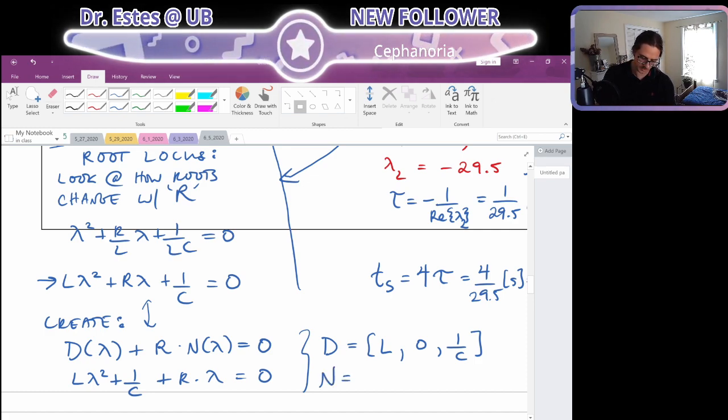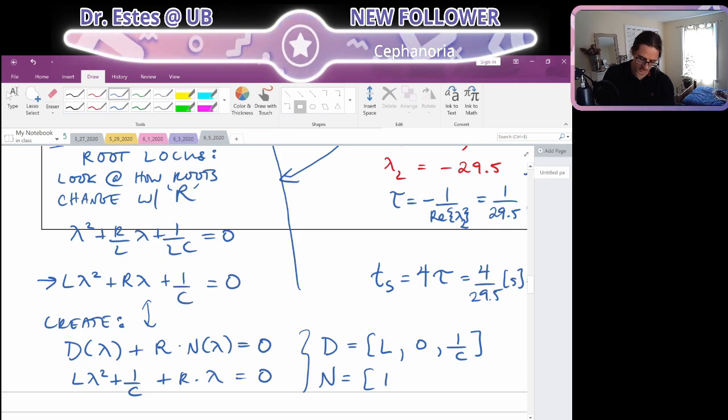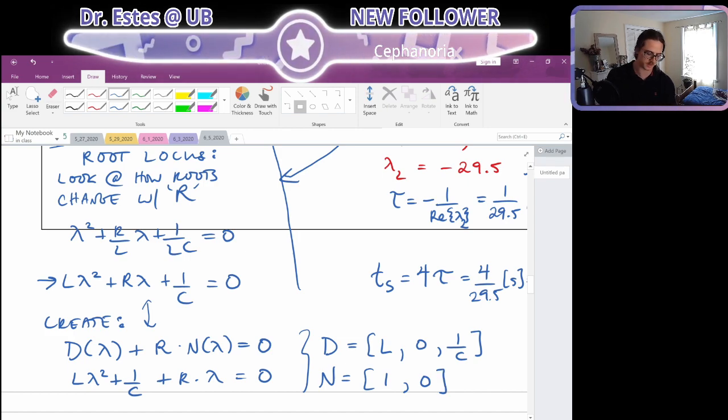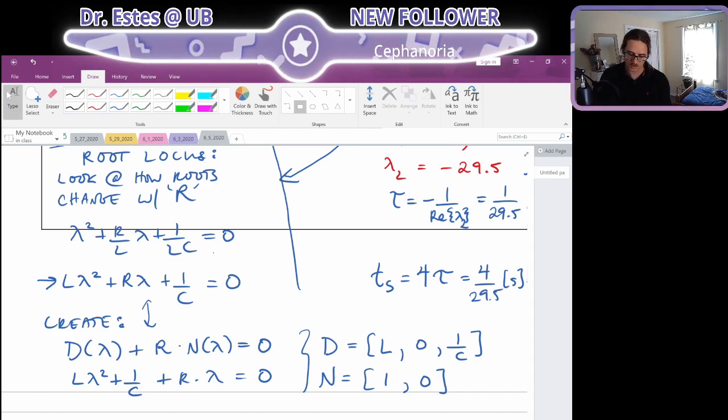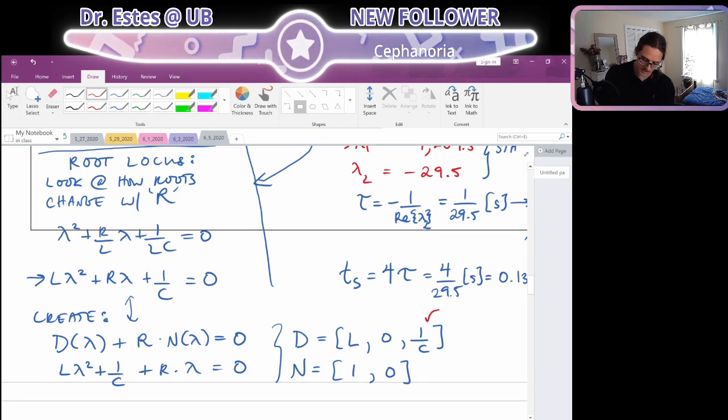And N is 1 times lambda plus 0 times lambda to the 0. When you're making these polynomials, the rightmost element is always with respect to lambda to the 0, and then it increases as you go to the left.